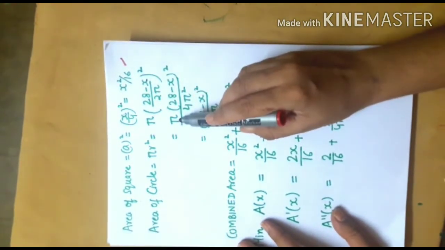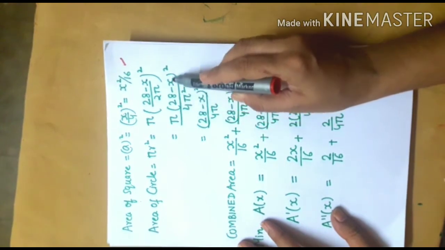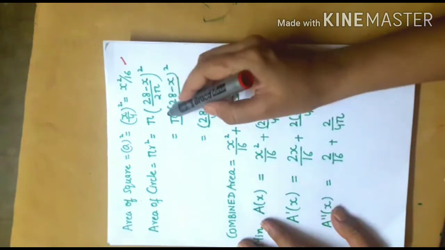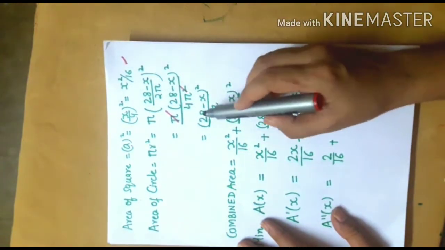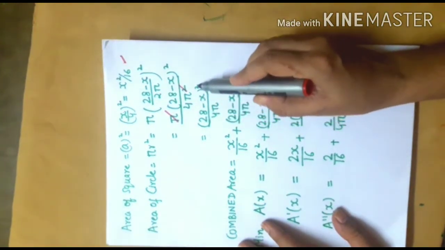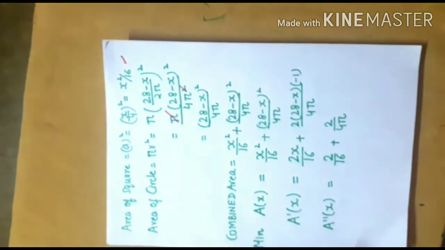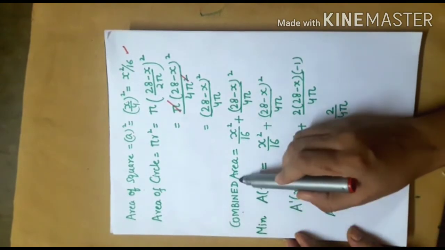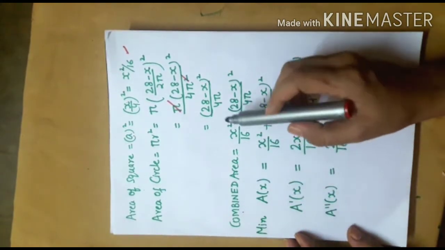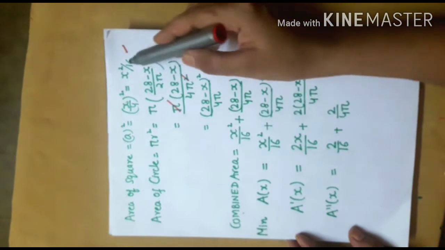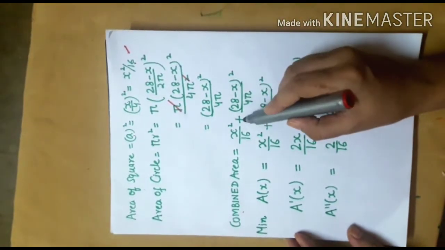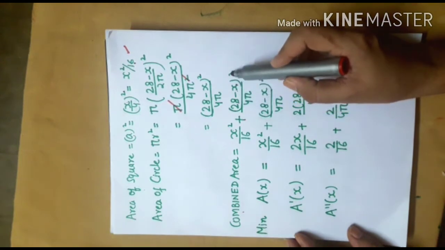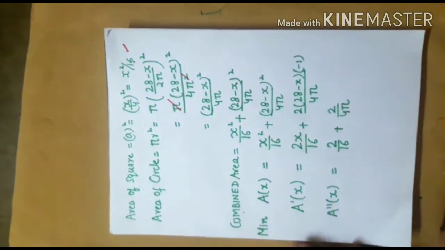That can be written as pi into (28 minus x) whole squared over 4 pi squared. This will get cancelled out, so I'll get (28 minus x) whole squared over 4 pi. So the combined area of square and circle will be x squared over 16, the area of square, plus (28 minus x) whole squared over 4 pi, the area of circle.